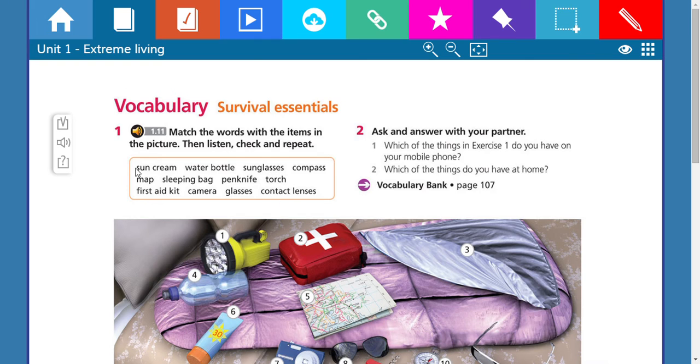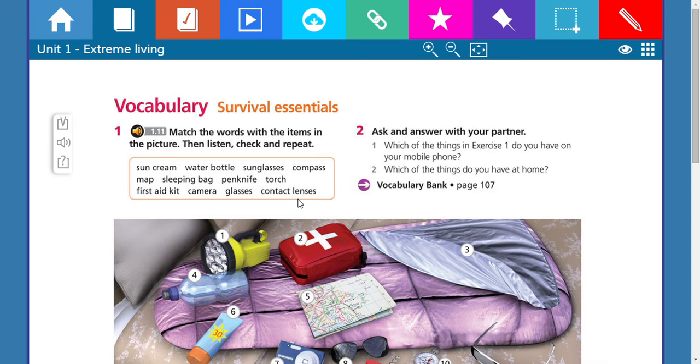Like sun cream. Oh, teacher, what is sun cream? Bloqueador, okay? Water bottle, sunglasses, compass, map, sleeping bag, pen knife, torch, first aid kit, camera, glasses, contact lenses.